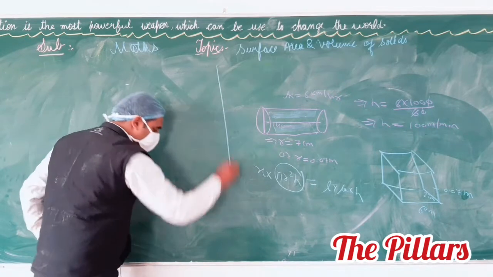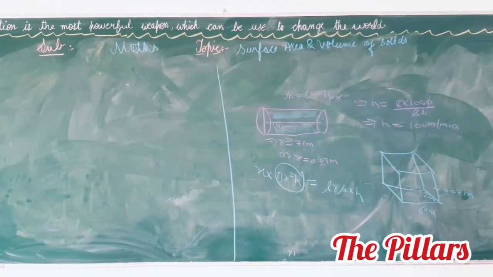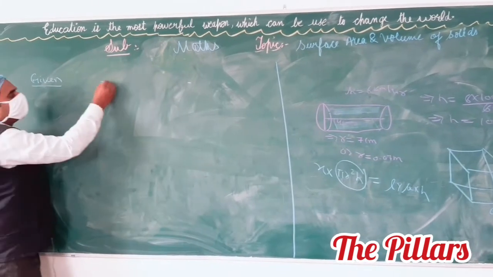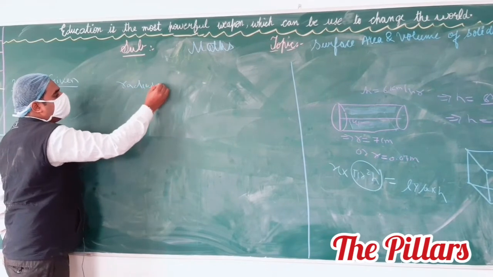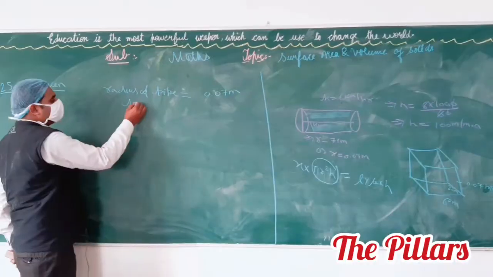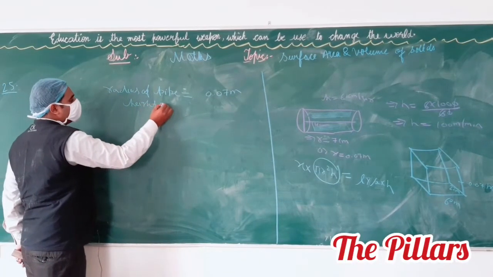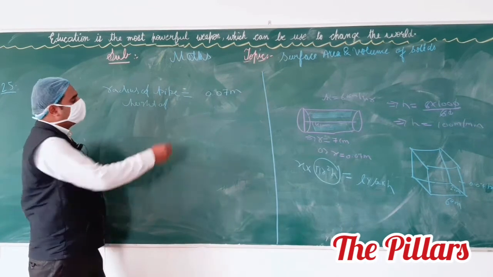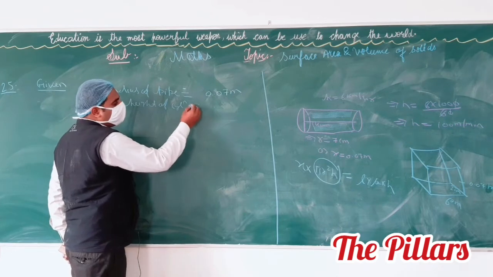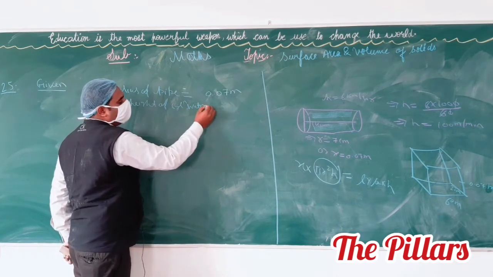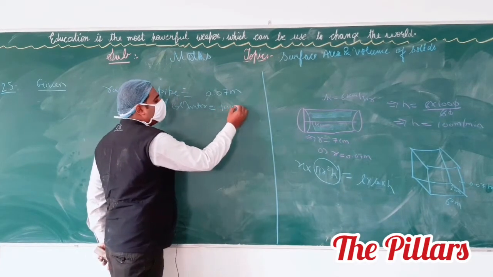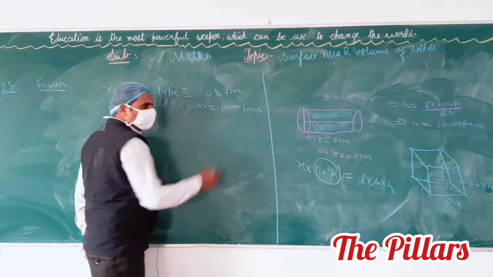Okay, beta. See that. Write the given. Given: radius of the cylindrical pipe is 0.07 meter, and the speed of water is 100 meter per minute.